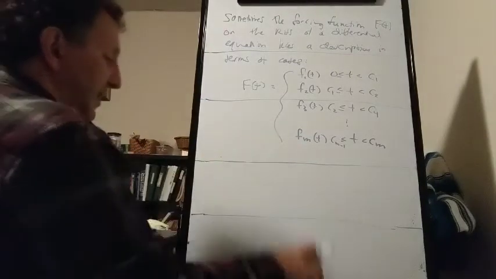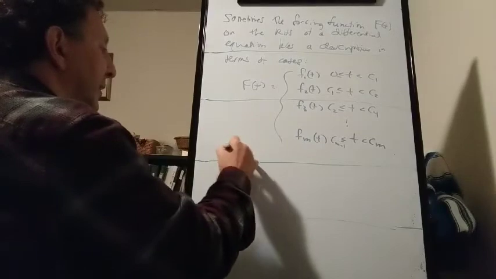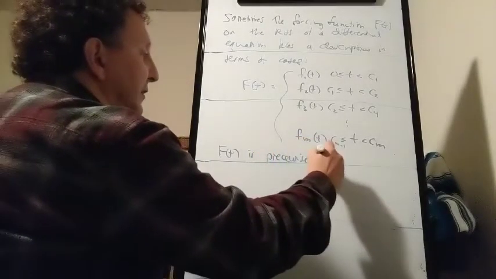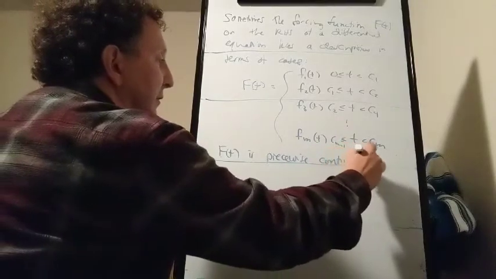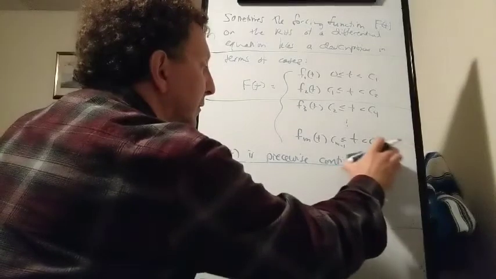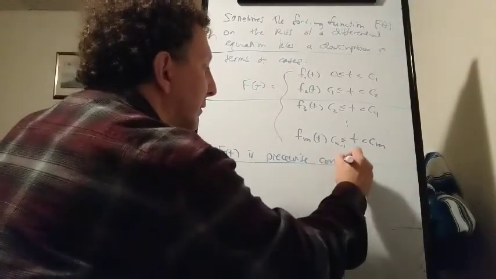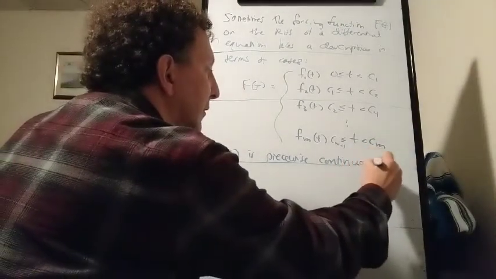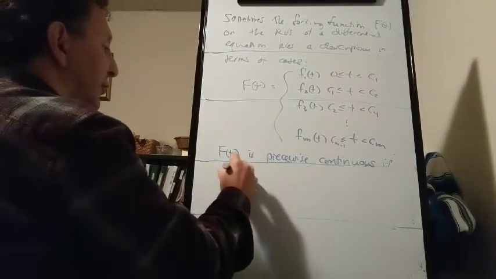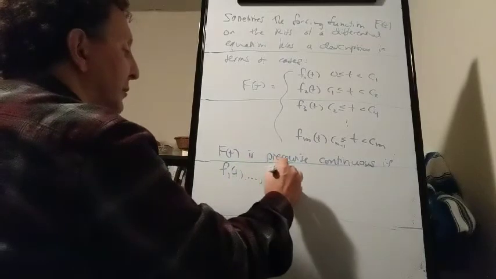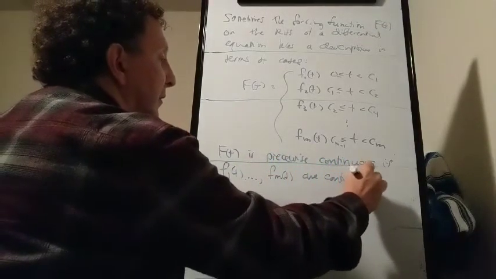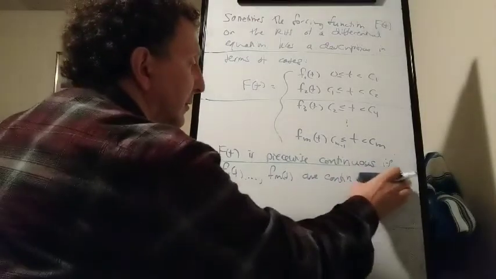So f of t is piecewise continuous if the parts f1 of t through fm of t are continuous.